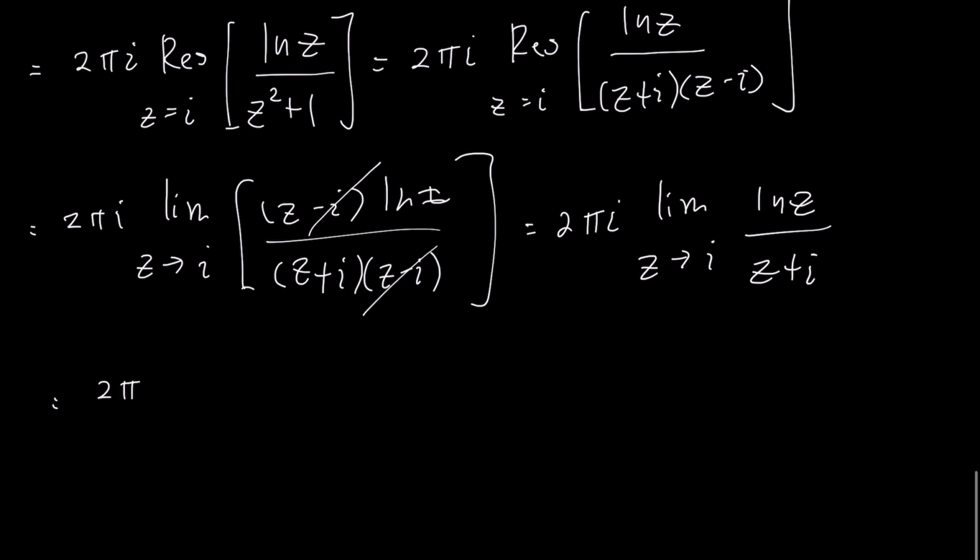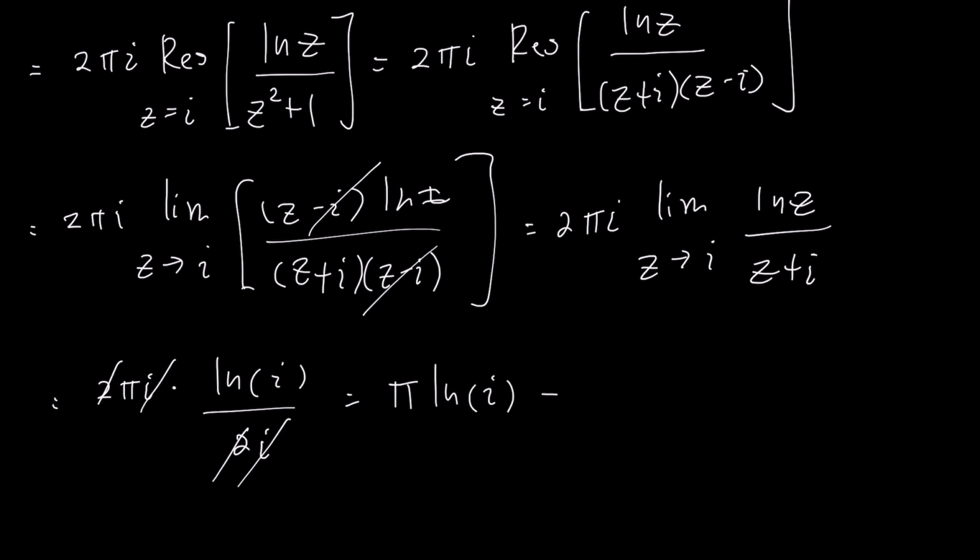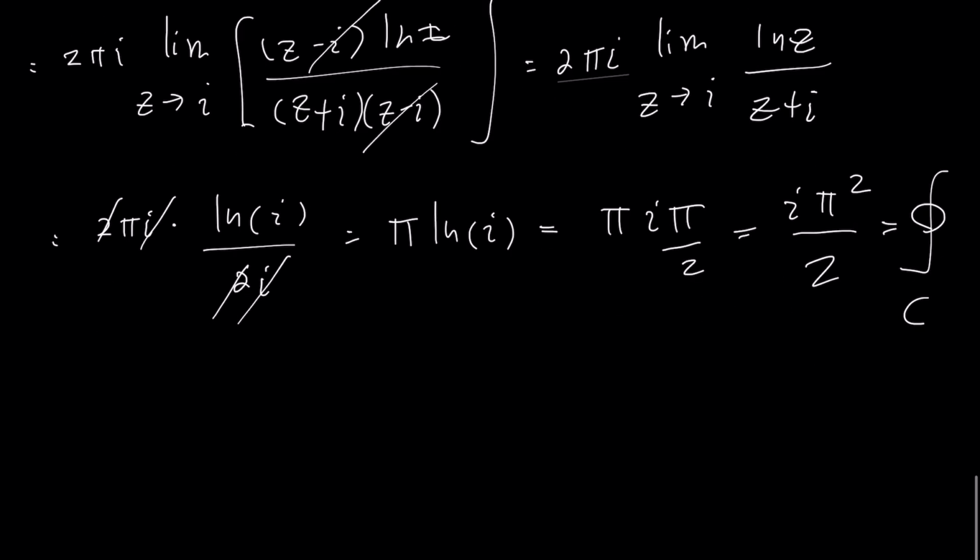So we have 2 pi i times natural log of i over 2i, and these two's cancel. This i cancels, and we're left with pi natural log of i, and the natural log of i is i pi over 2, which is just i pi squared over 2, which is the value of this contour integral.